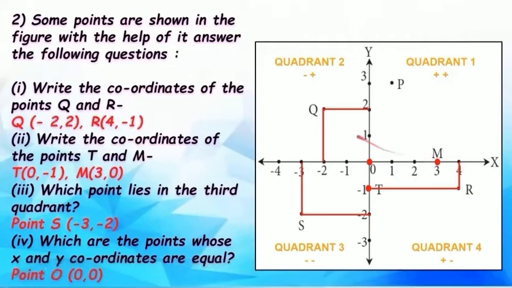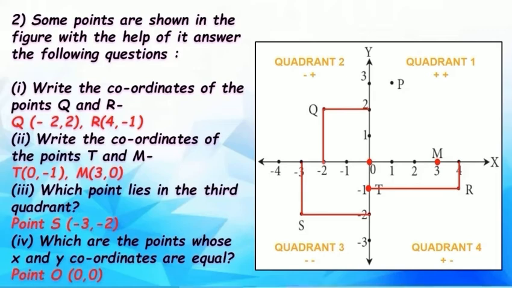So point Q lies here. In order to find the location of point Q, we draw a perpendicular from point Q towards the x-axis and we need to intersect that point Q on the x-axis at a certain point. So if you draw a perpendicular from Q towards the x-axis, it intersects the x-axis at point minus 2.